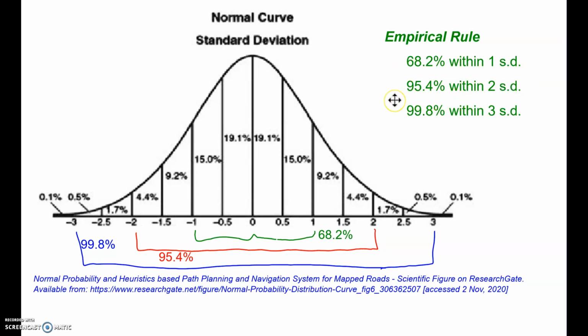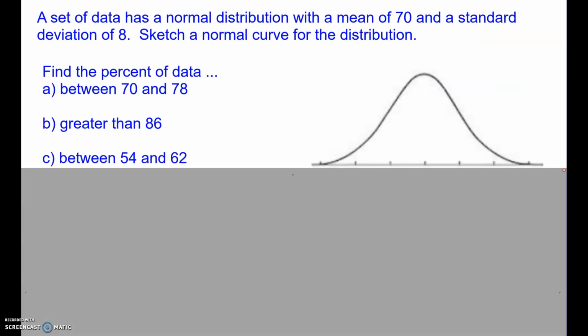And even more than that, 95% of the data falls within 2 standard deviations of the mean. And a whopping 99.8% of the data falls within 3 standard deviations of the mean. So if your standard deviation is fairly small, that means you're going to account for almost all of your data if you know what the mean is.